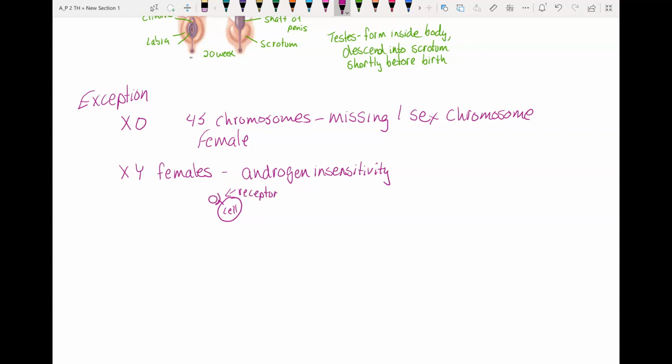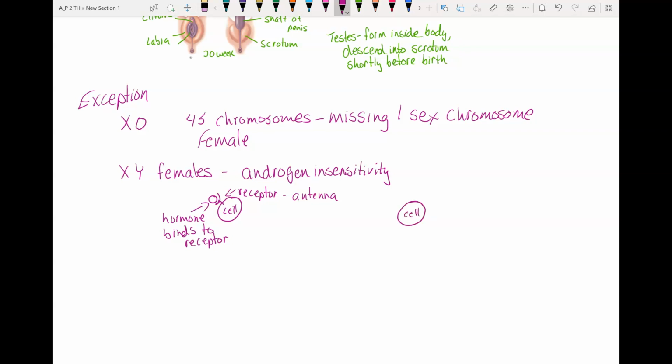A hormone binds to the receptor. You can think of a receptor like an antenna for a radio. If you don't have the receptor, there's nothing for the hormone to bind to.